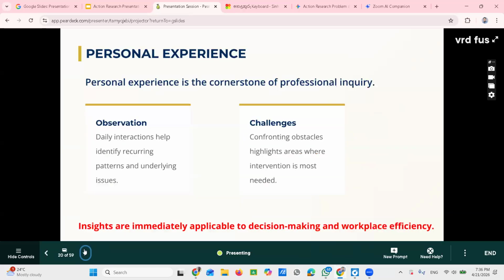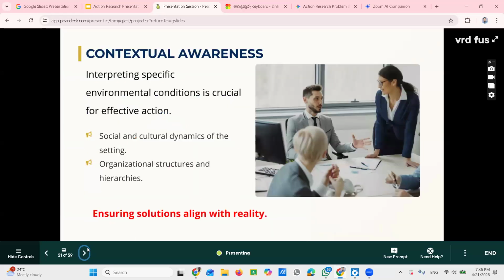Under personal experience, mainly you can observe. By observing, you can create new knowledge. By facing challenges, you are also creating new knowledge. Then contextual awareness is also very important to create knowledge. Especially you want to identify the social and cultural dynamics among the environment or students.